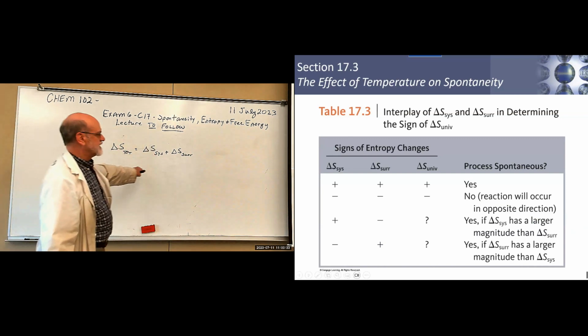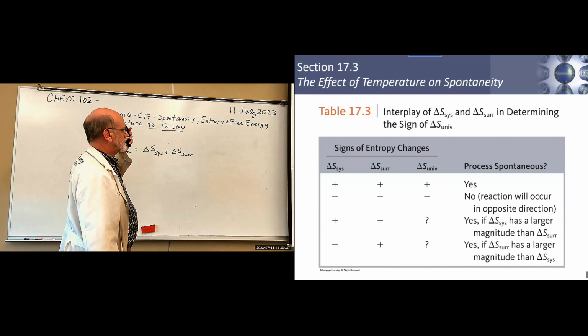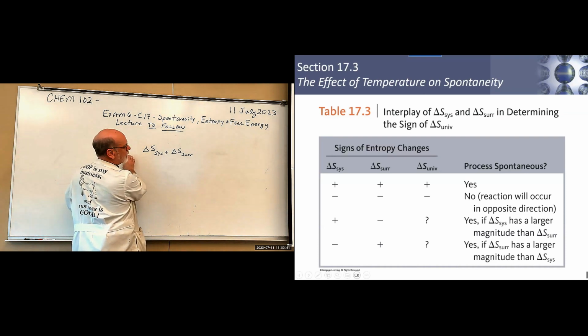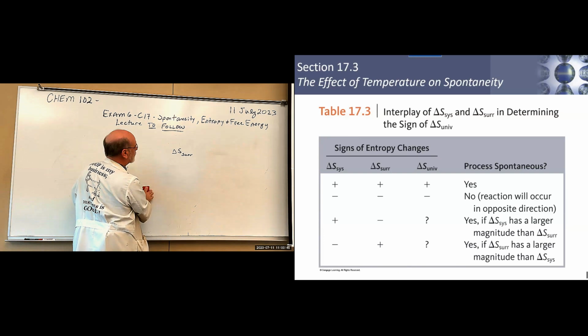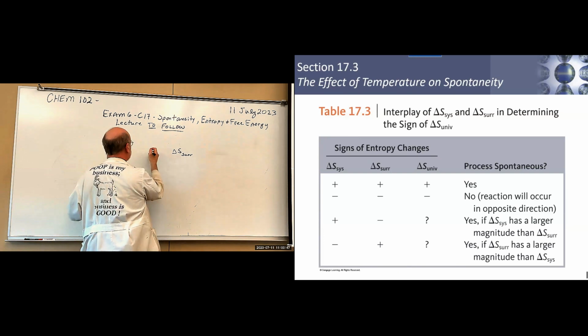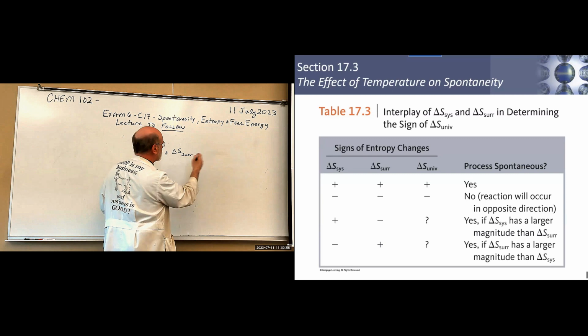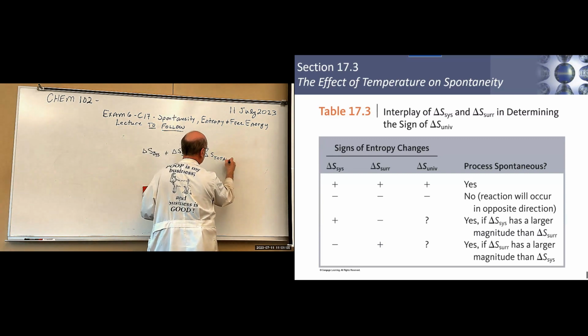Okay, so let me put it in the same order they do. System, delta S for the system, plus delta S for the surroundings equals delta S total. They call it universe, I call it total.